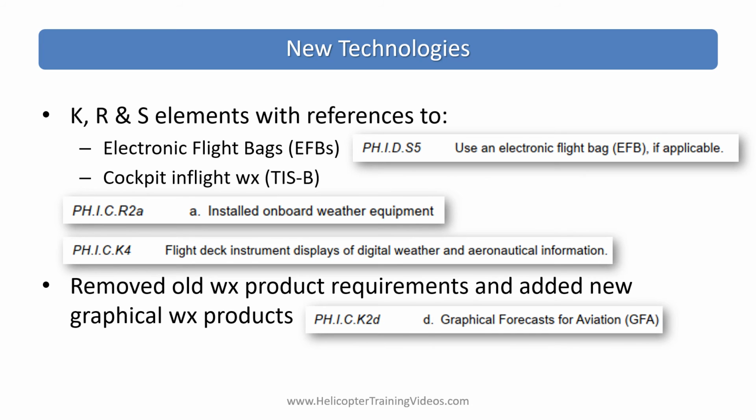And they've removed old weather product requirements and added the new graphical weather products, for example, the GFA. So these are being updated with modern technology. The other thing is that a lot of these, if it's installed equipment or if you're using an EFB, it's fair game for the examiner to quiz you on its use. So make sure you know how to use this stuff.